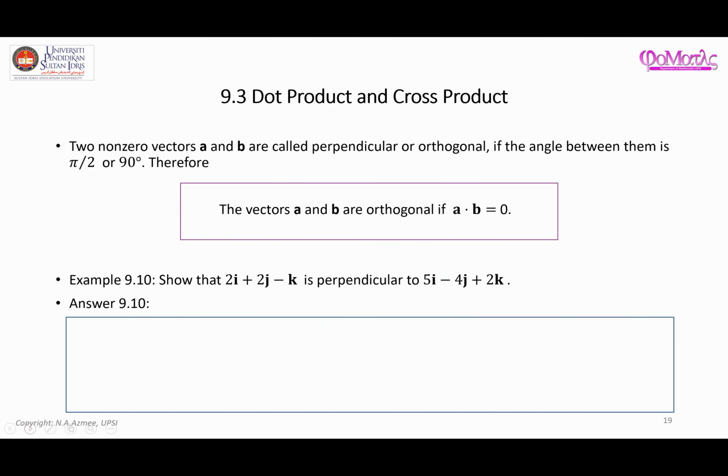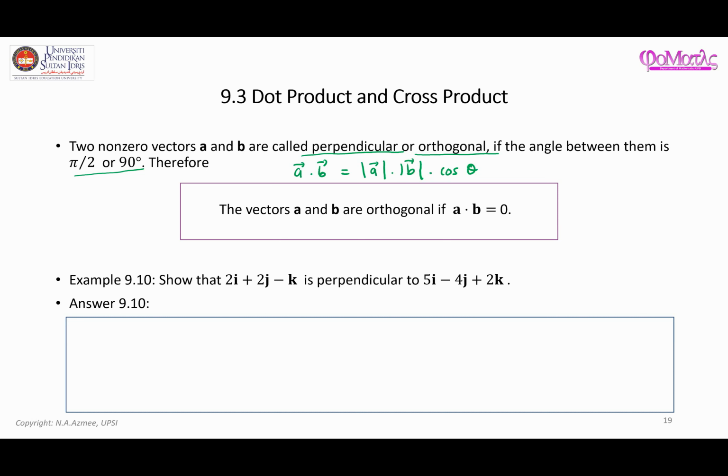Okay, two non-zero vectors A and B are called perpendicular or orthogonal if the angle between them is 90 degrees. Now recall that the dot product of A and B, according to the formula, is equal to the magnitude of A times the magnitude of B times cos theta.